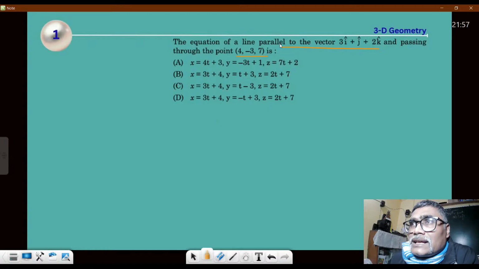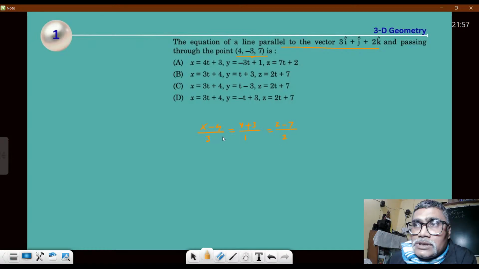So how would you write this equation? Passing through this point and parallel to this. So the Cartesian equation, if you write, will be x minus 4 divided by the component 3. Then y minus minus 3, that is y plus 3 divided by the component 1, and z minus 7 divided by component 2. Actually, what is the shortcut?